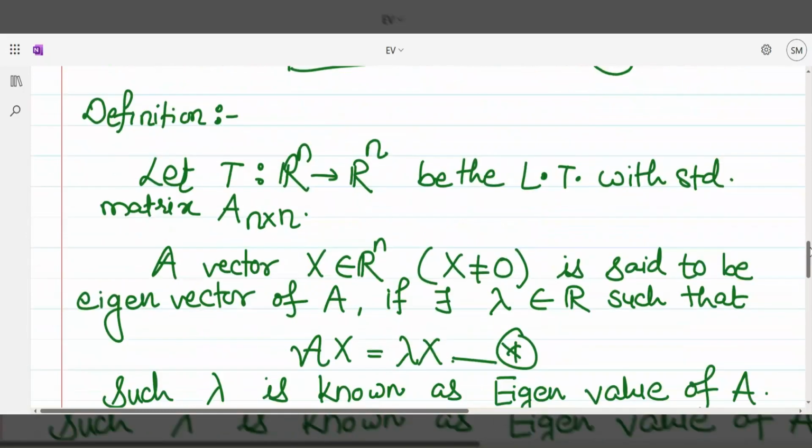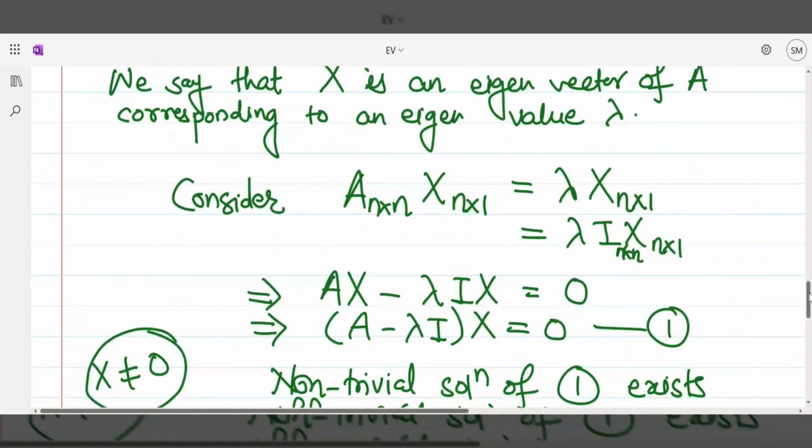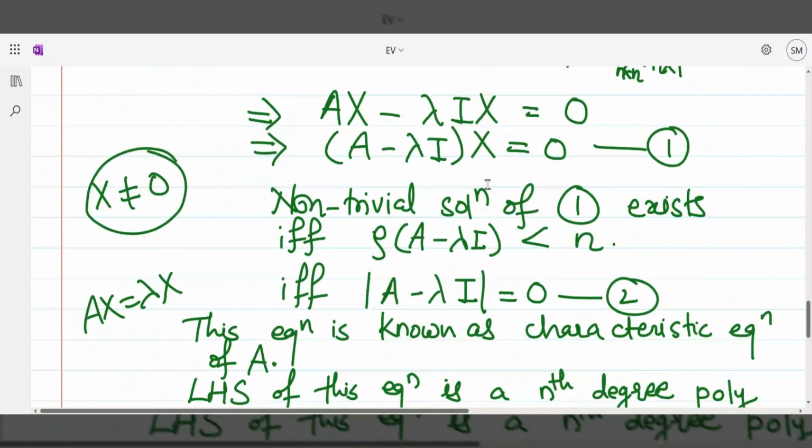With this square matrix A, we are interested in finding x such that A x is equal to lambda x. So this problem of finding x and lambda has been reduced to solving this homogeneous system, and as we are interested in the non-trivial solution, we must have determinant of A minus lambda I equal to 0.